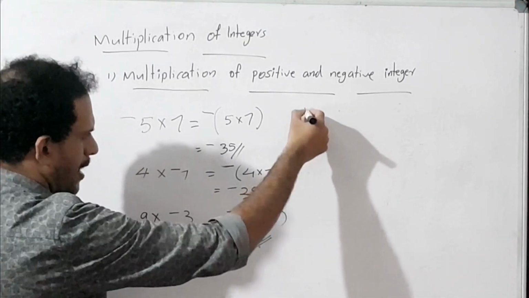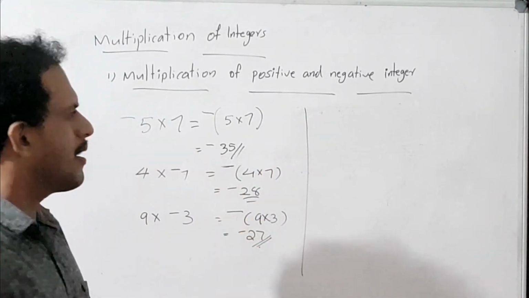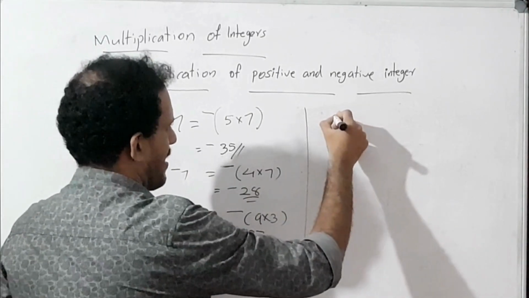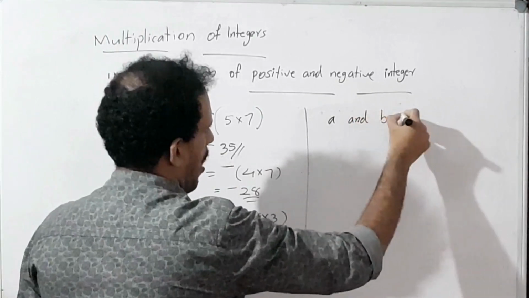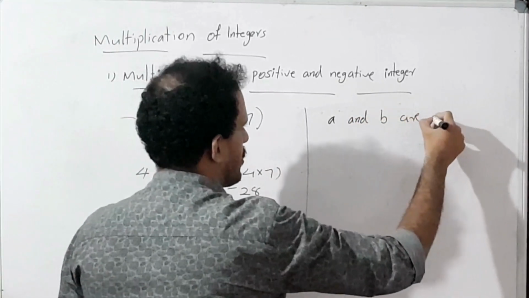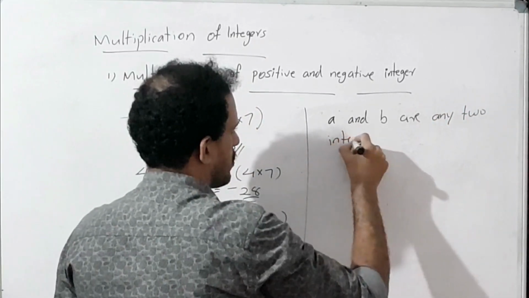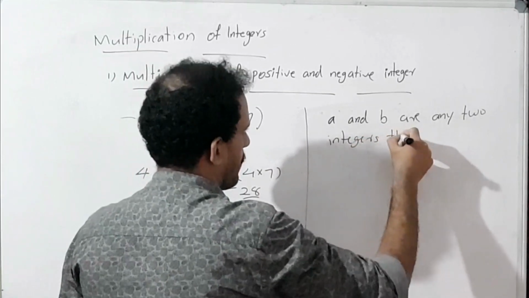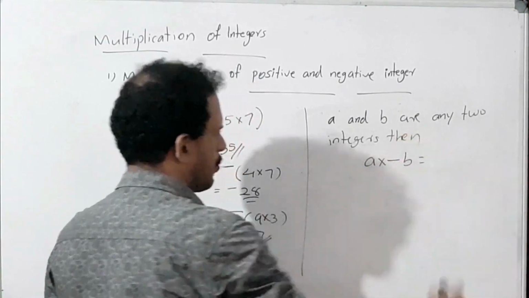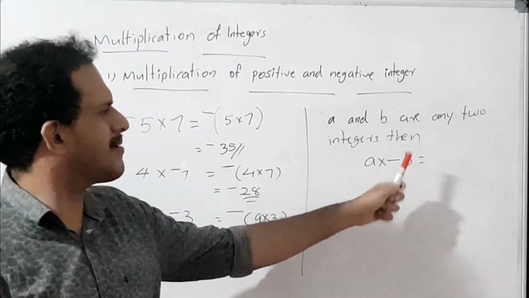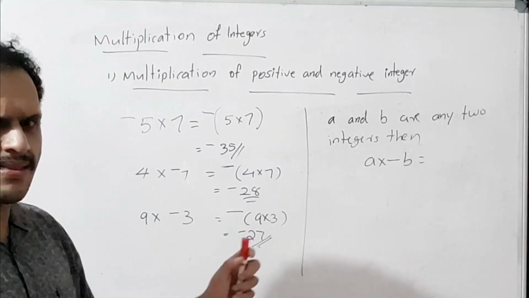Okay, so we generalize the idea. A and B are any two integers, then A into minus B, where one is positive and one is negative, what is the answer?